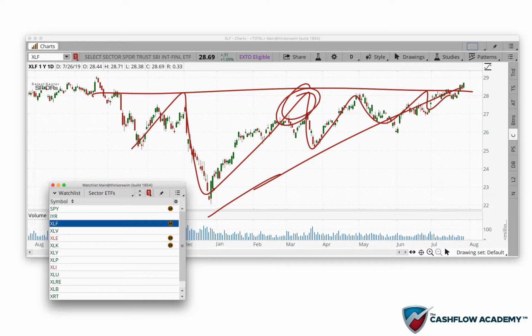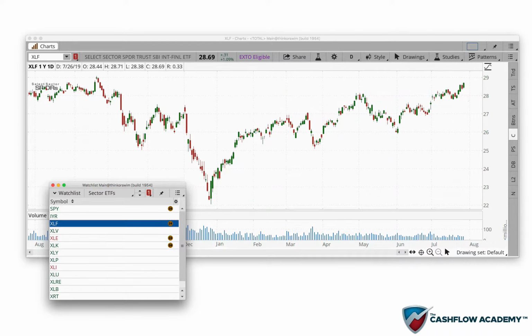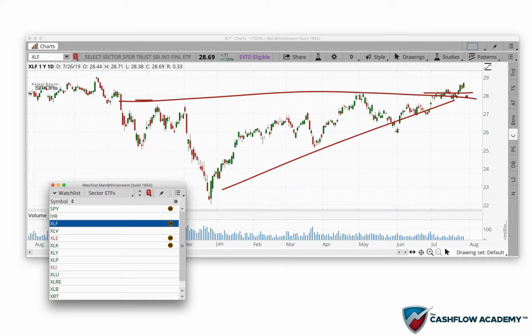Almost, except for that little area right here, it really would be an ascending triangle. And so we say, well, are there stocks in here where we could ride this wave, especially since it looks like the financial sector's broken out already, which means that any other stocks in this, they might break out too.